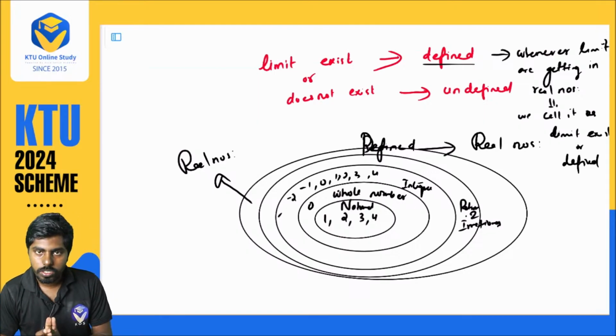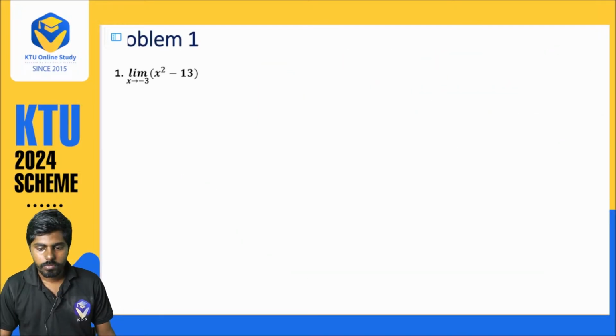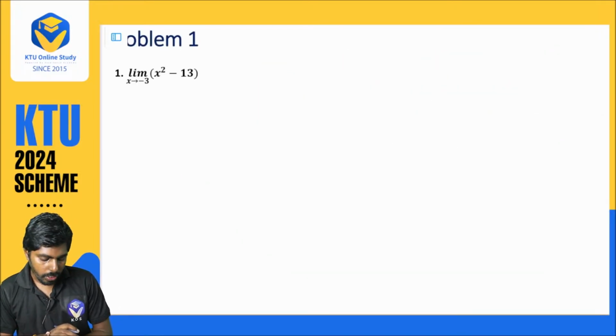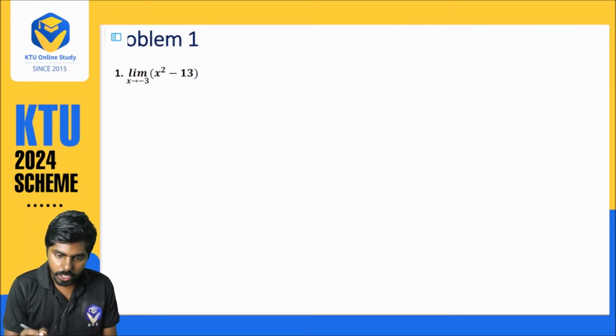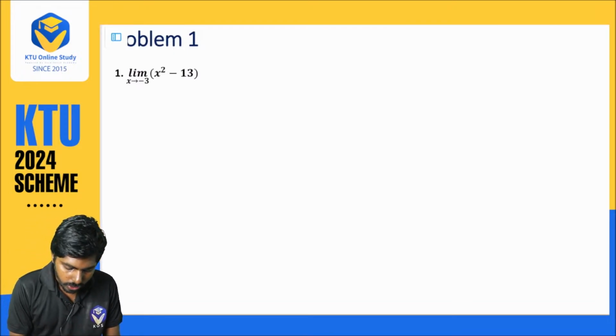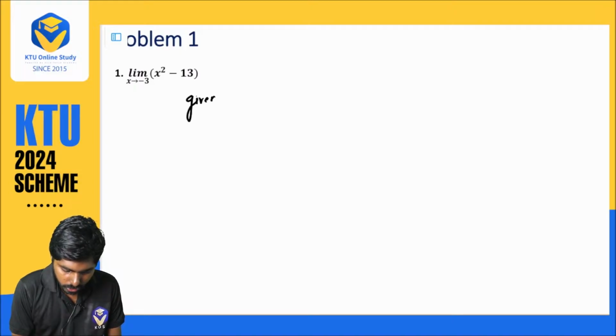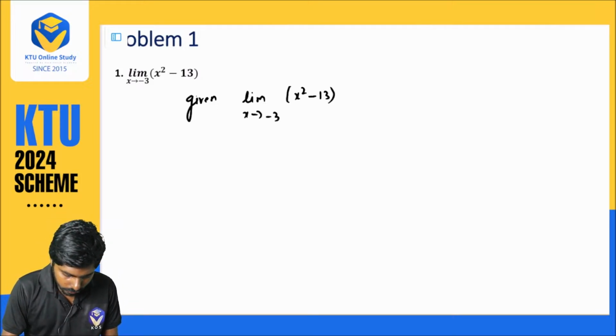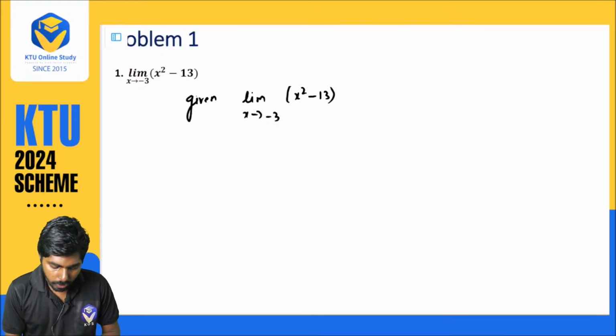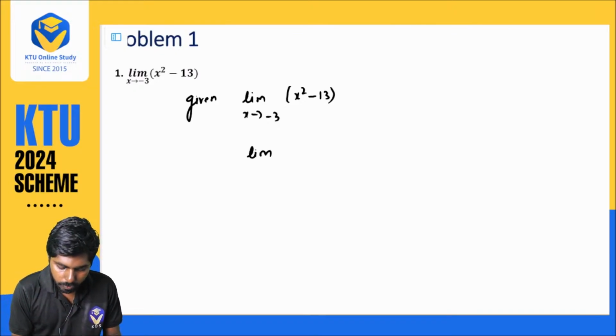Very simple concept only, we are able to learn. So for problem number 1, what have they given? First write the given: limit x approaches -3 of x square minus 13. We can solve this by two methods. Applying directly, what will happen?